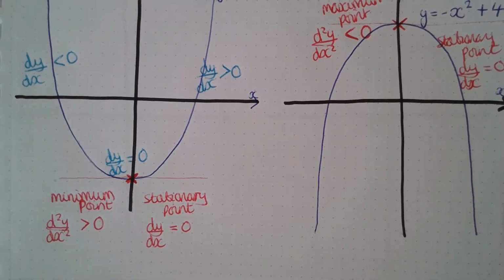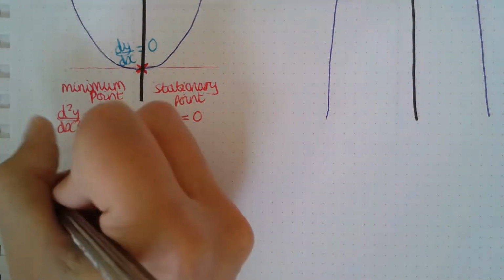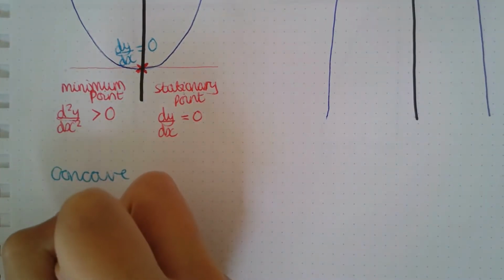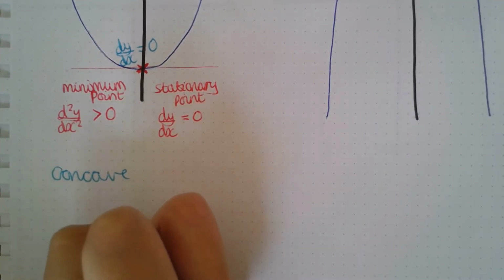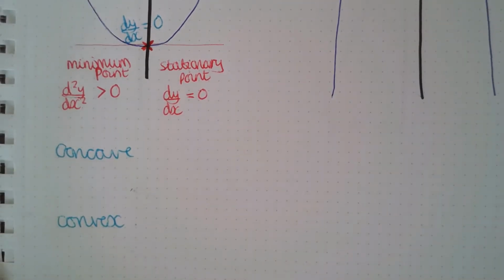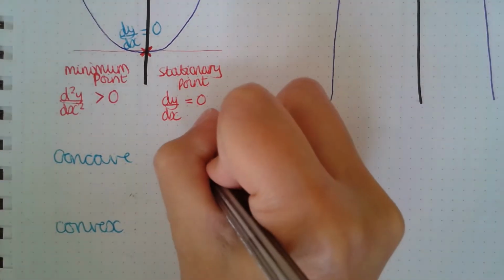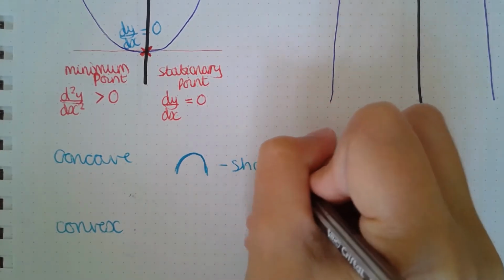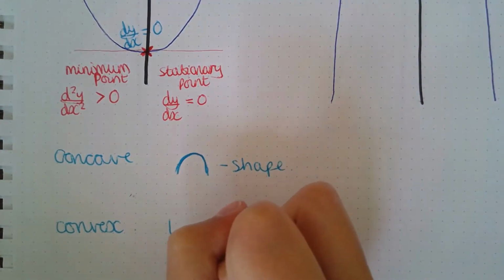There are some key words: concave and convex. Concave is the shape of a graph if it's got a sort of N shape, and convex is a sort of U shape.